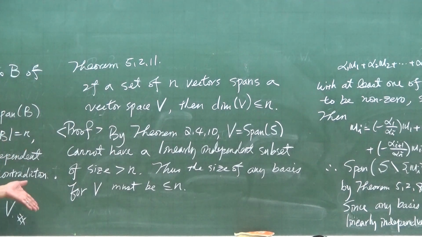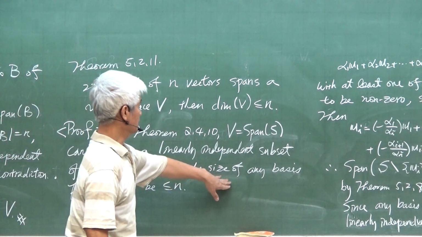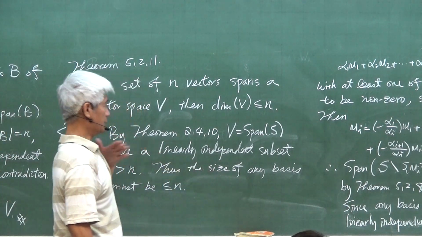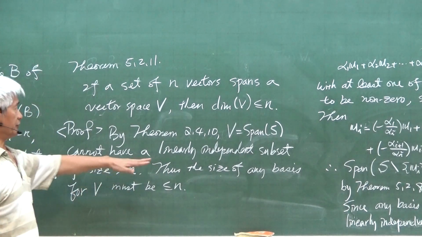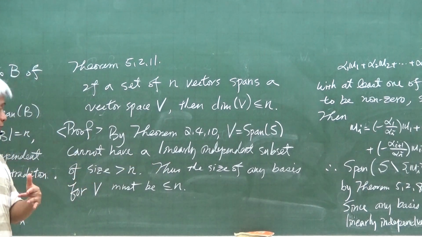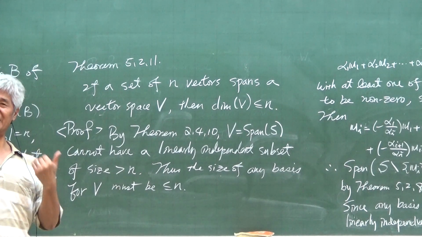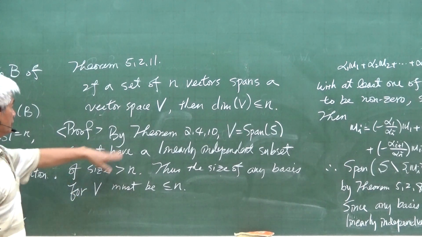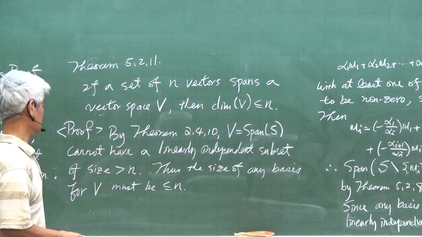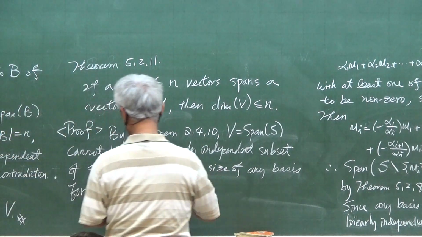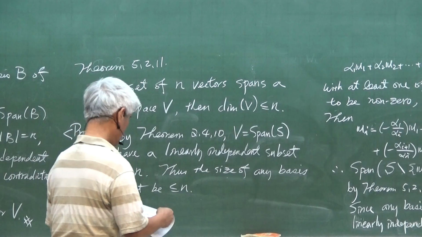Because any basis for V must be linearly independent, the basis cannot have size greater than n. If a basis has size greater than n, then we have a linearly independent set of size greater than n. This is impossible from theorem 2.4.10. So the size of any basis for V must be less than or equal to n.